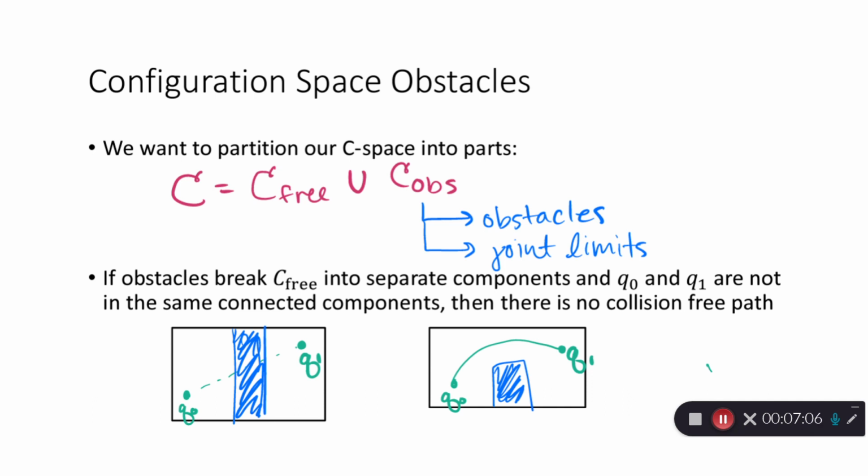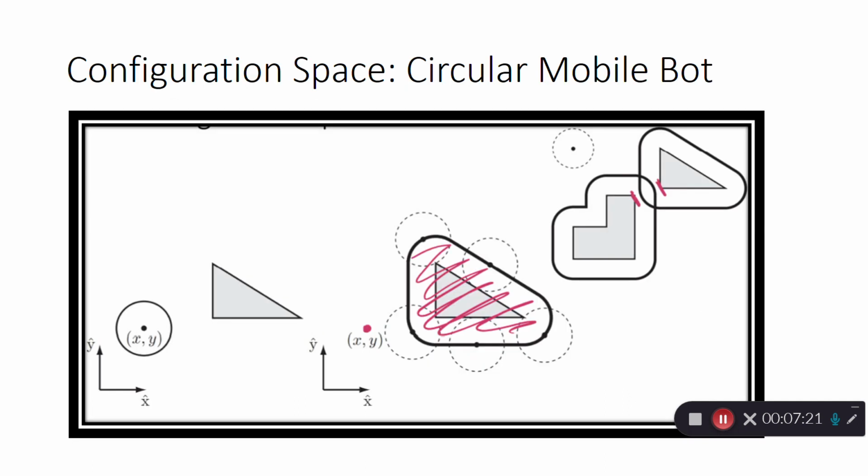But in the second frame you can see that the point is far away from the obstacle and connected to each other, and the motion from x0 is smoother.